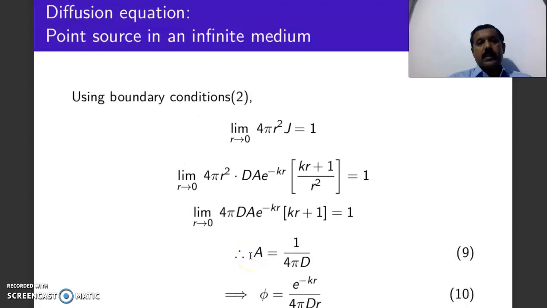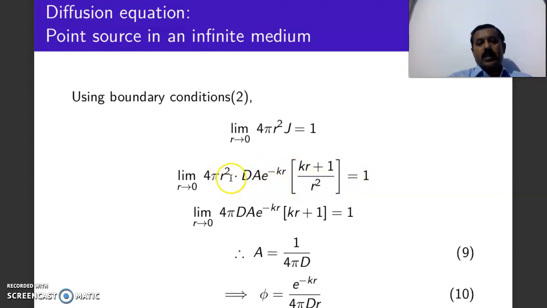To eliminate this second arbitrary constant, we use the second boundary condition. What is the second boundary condition? As r tends to 0, 4 pi r squared J is equal to 1. J we have found from Fick's law of diffusion. If you substitute for J, then limit r tending to 0, 4 pi r squared into J will be equal to 1.